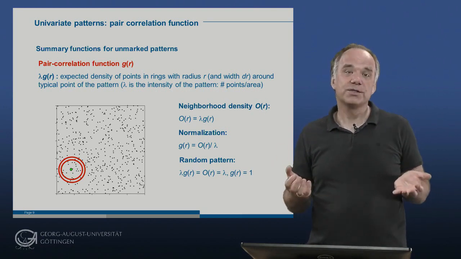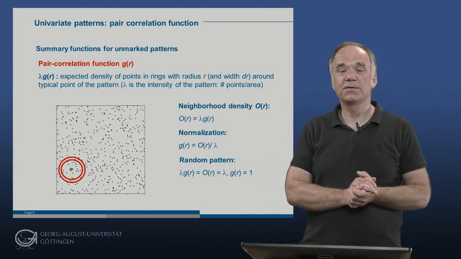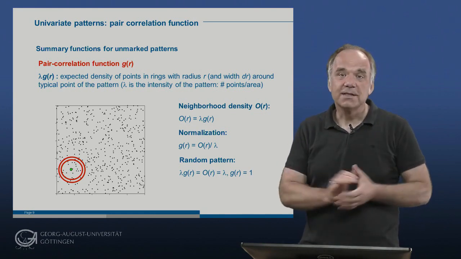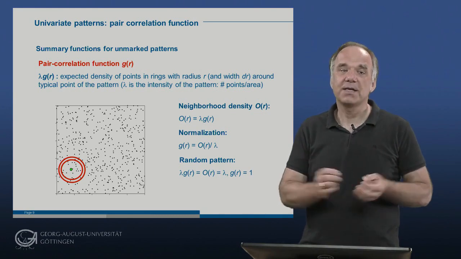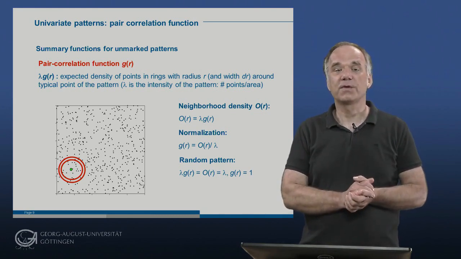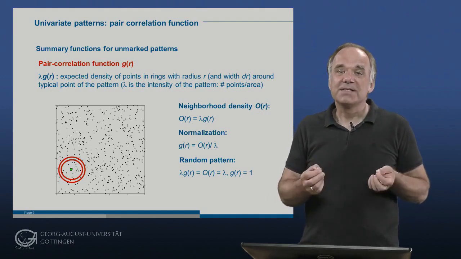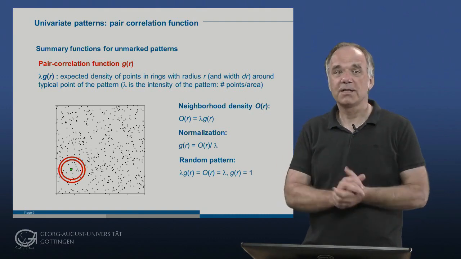This is because in this case the neighborhood density is the same as the overall density of points in the observation window. This also means that the percolation function uses the density of a random pattern as the point of reference. It tells us how many times larger or smaller the neighborhood density is compared to that of a random pattern.